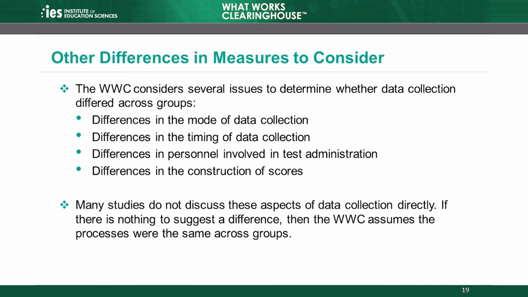If the study measured outcomes at different points in time, the additional time in one condition might influence the results. Differences in the personnel involved in test administration and differences in the procedures used to construct scores could also influence the results. Each of these examples leads us to question whether the estimated impacts are due to the intervention or to differences in the measurement of the outcomes.